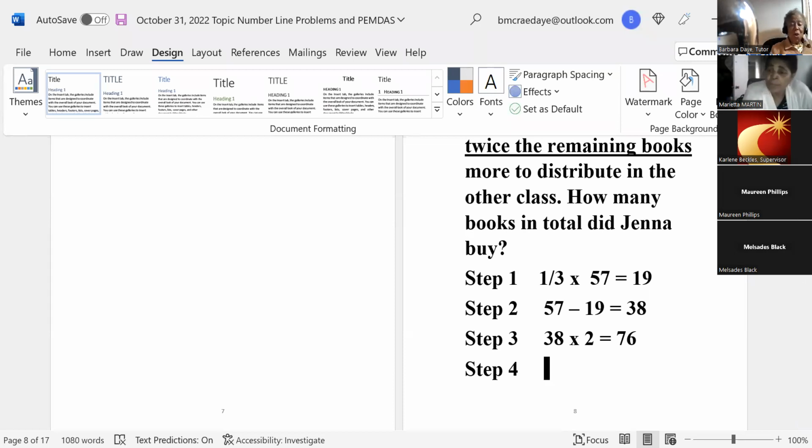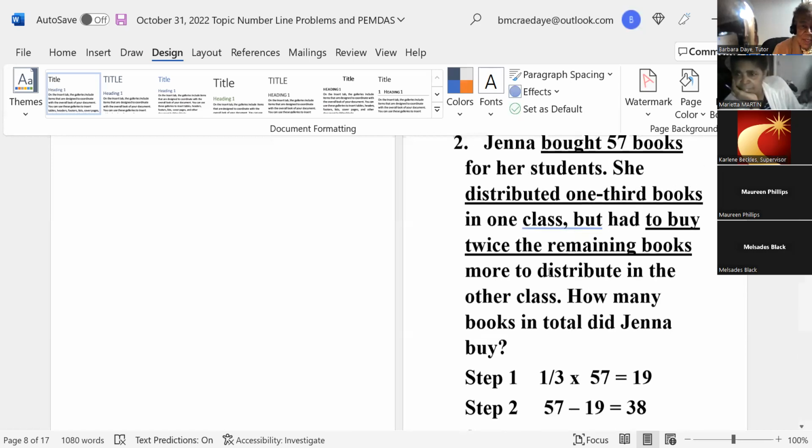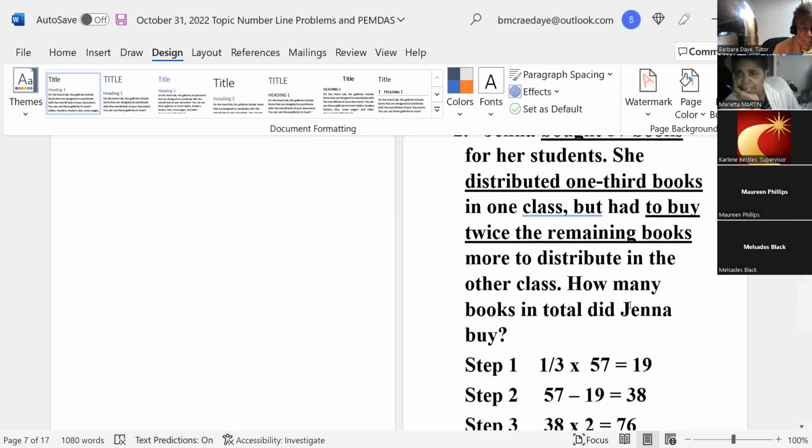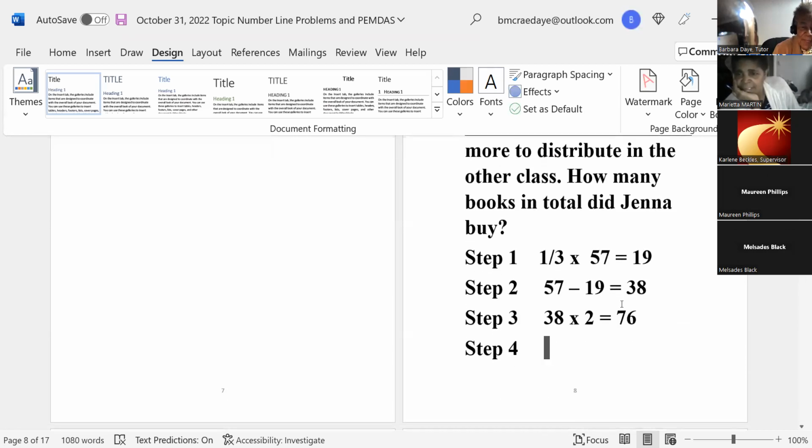How do you find the total books she bought? You add. So what do you add? You add 76 to what? Look at it, she bought 57. Now she bought an additional what? 76.